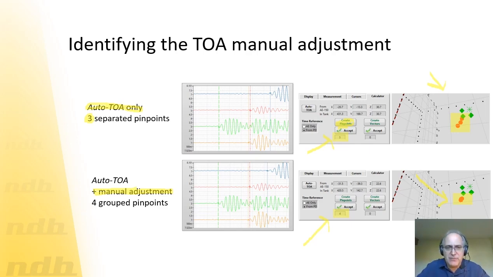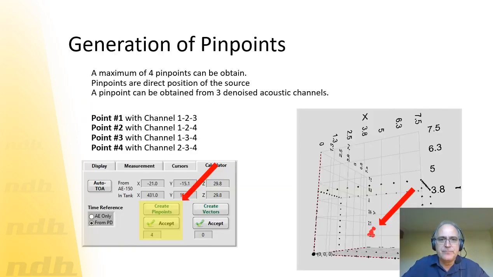Now, pinpoints. Pinpoints are easy to understand. They are direct locations, the possible location of the PD. But the maximum possible points that we can get is 4. Let me explain.